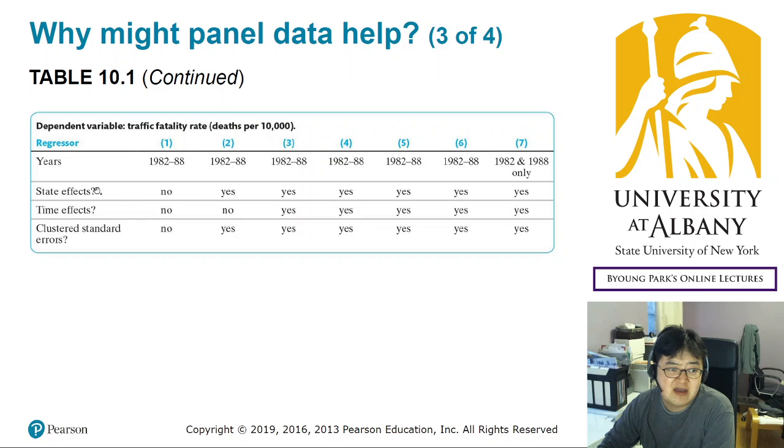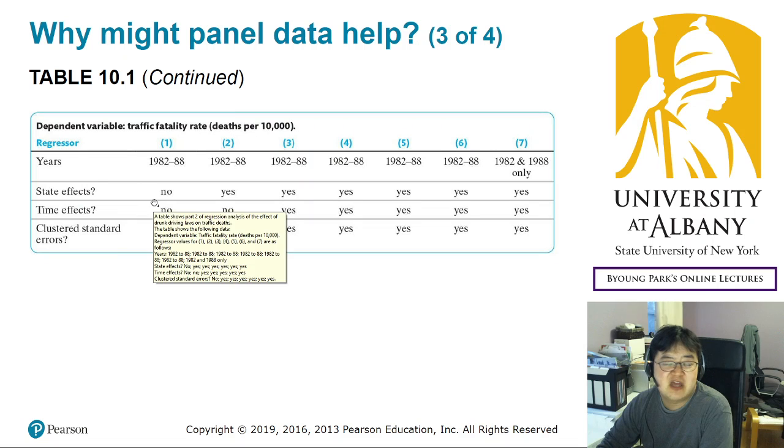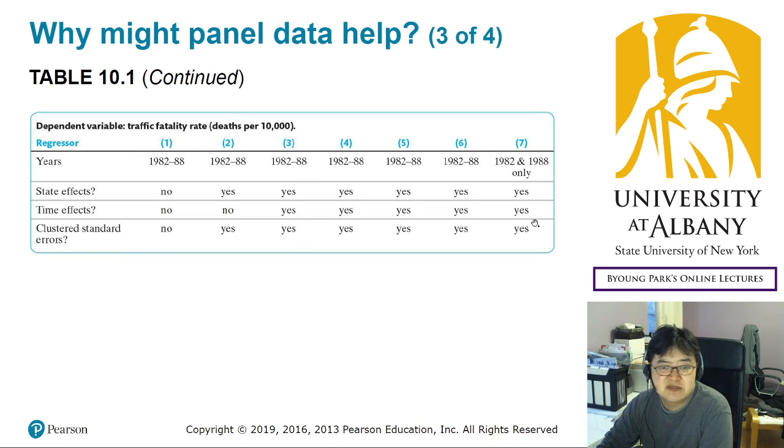State effects: no, yes, yes, yes. So the first one does not use state fixed effects, but all the other models include state fixed effects. Time fixed effects: no, no, yes, yes, yes, yes. So the first two models do not have time fixed effects, but the others have them.